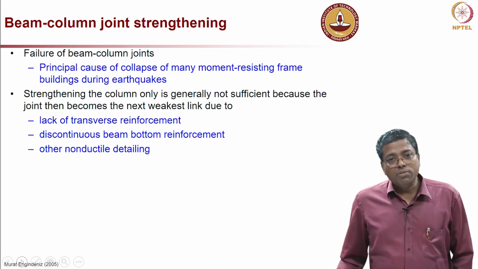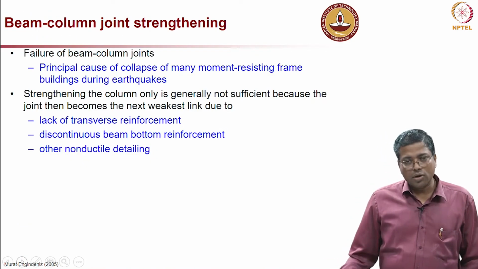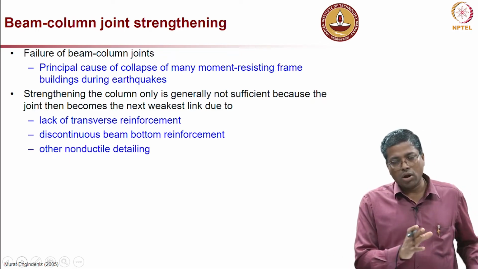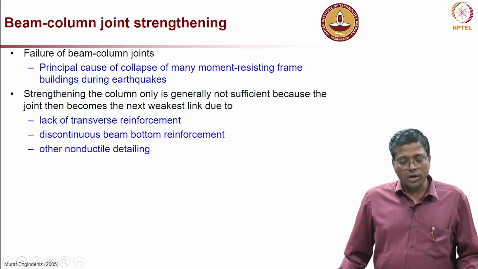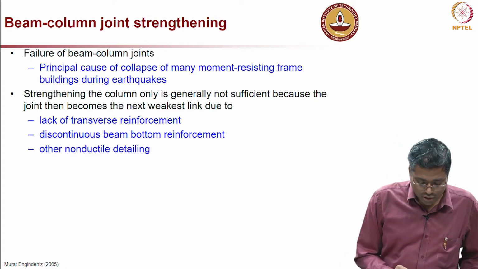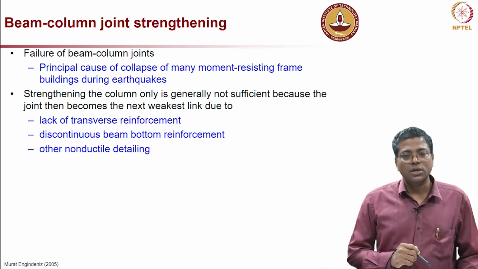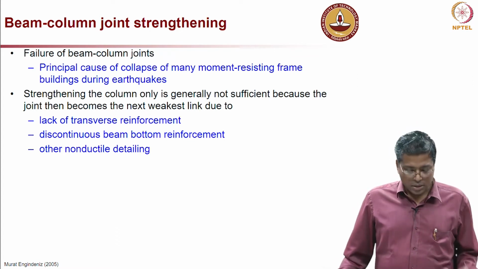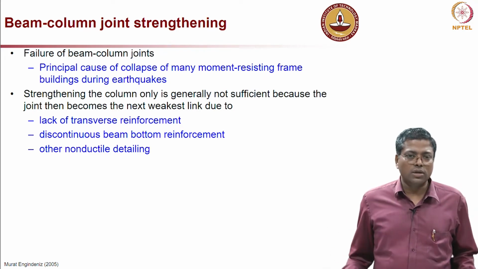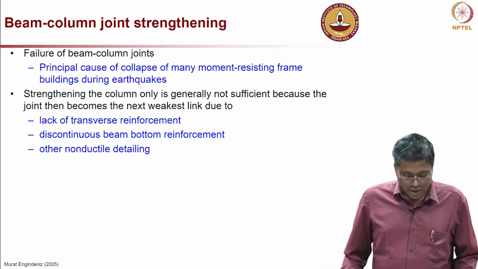Now, beam column joint strengthening. Until now we were talking purely about the column, like punching shear. So, how about the joint strengthening? The failure of the beam column joint is the principal cause of collapse of many moment resisting frame buildings; the beam column joint is the key failure location.